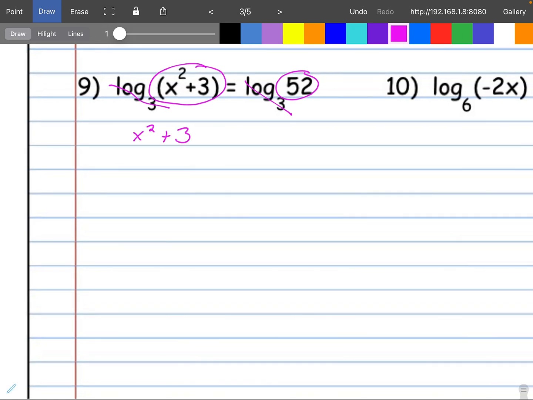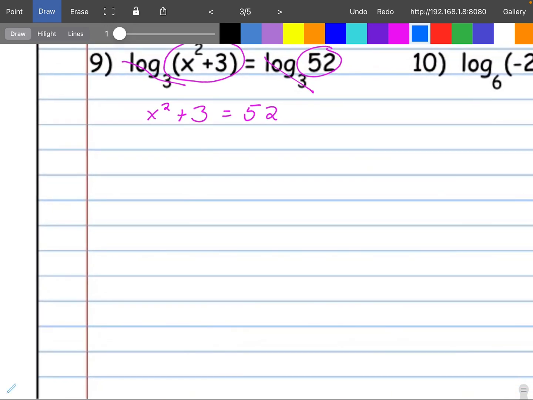So we're basically ignoring this and focusing on what it is we're taking the log of. If those two things are equal, then our logs are equal. So we're going to take x squared plus 3, and we're going to set it equal to 52. And then we're just going to solve this, just normal algebra. Now, I don't have an x, so there's no x there. Therefore, I am not looking to factor. I only have x squared, which means my goal is to get x squared by itself and then take the square root.